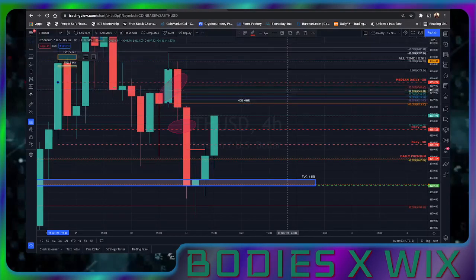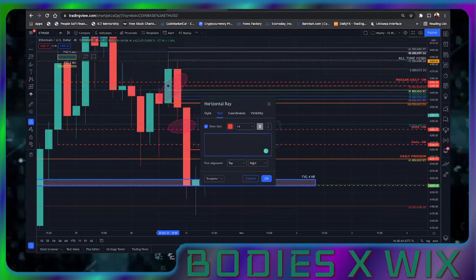And then do the same thing for this guy right here. Like we put the fib on it over the body, we'll take a horizontal ray, and the horizontal ray is actually very, very close to the daily one, which is interesting. All right, so now we're starting to understand where we could possibly see these reactions.